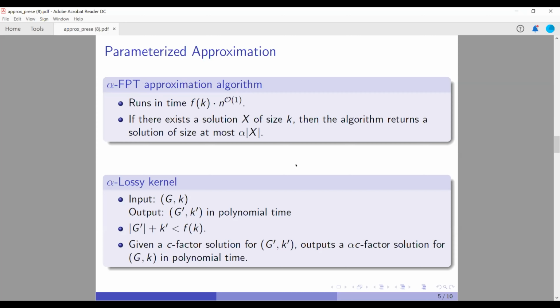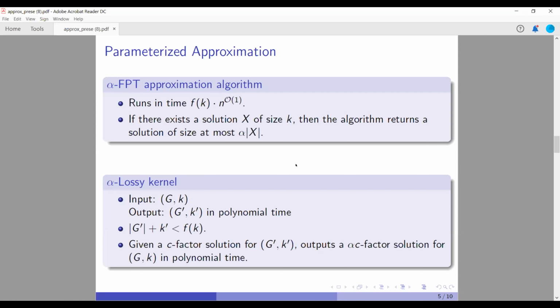Also, if there is a c-factor solution for the reduced instance, there should be an algorithm that outputs an alpha times c-factor solution for the original instance. If we have such an algorithm, we say that the problem has an alpha lossy kernel. If the size of the reduced instance G' and k' is bounded by a function that is polynomial in k, then we say it has a polynomial size alpha lossy kernel.